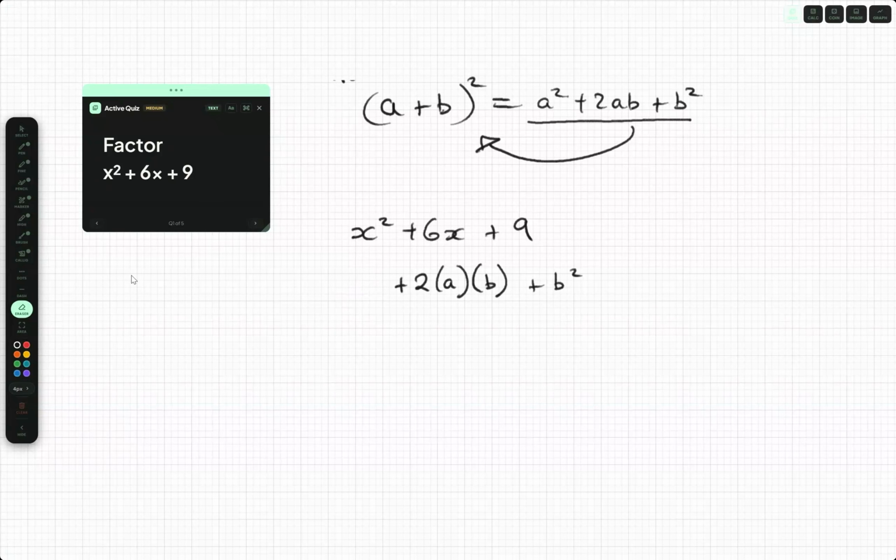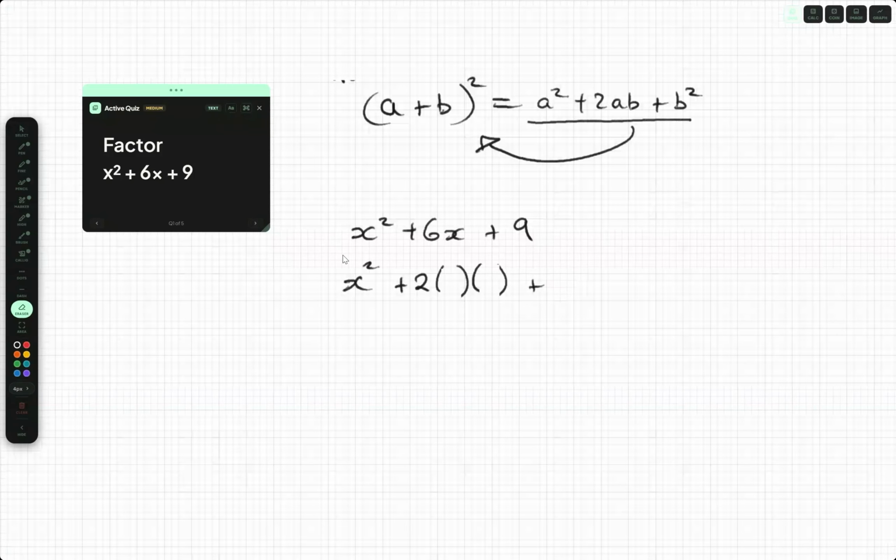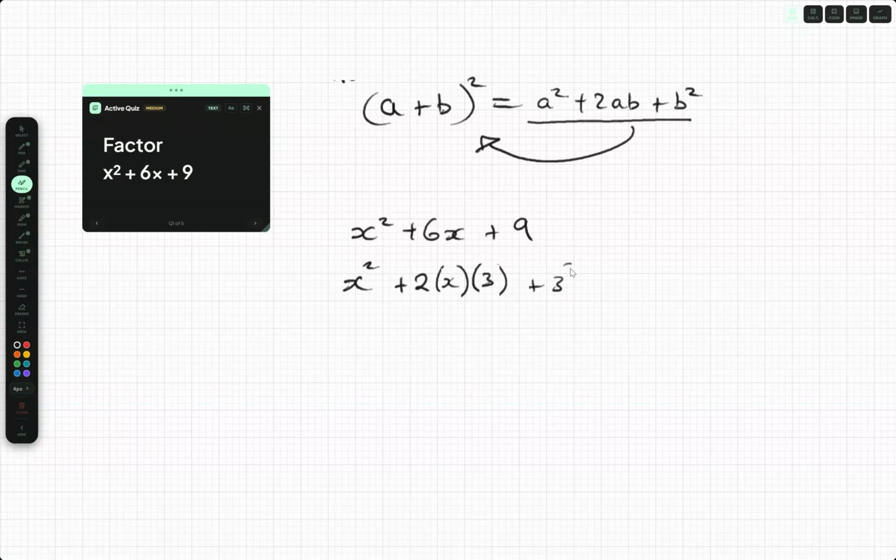So we can say that we've got that one result. We've got 2 times x, and then b squared will be 3. So 2 times x times 3, and then we've got 3 squared. And that's equivalent to this, which means we have a perfect square.